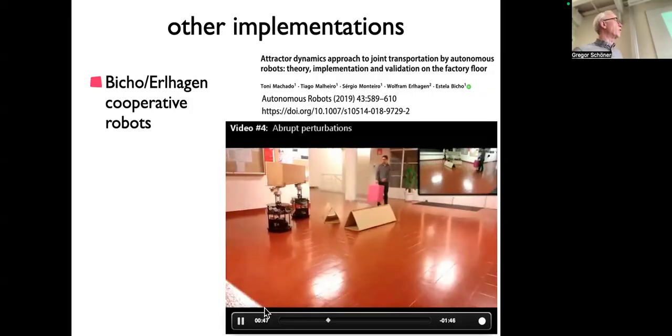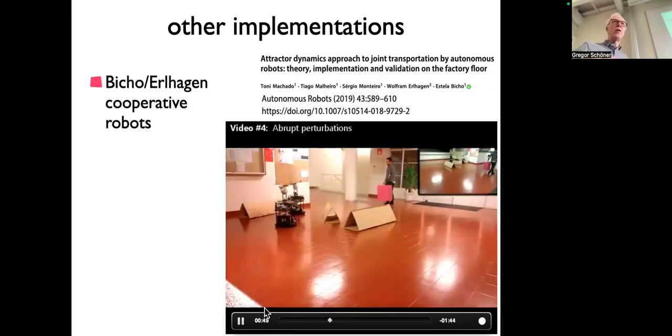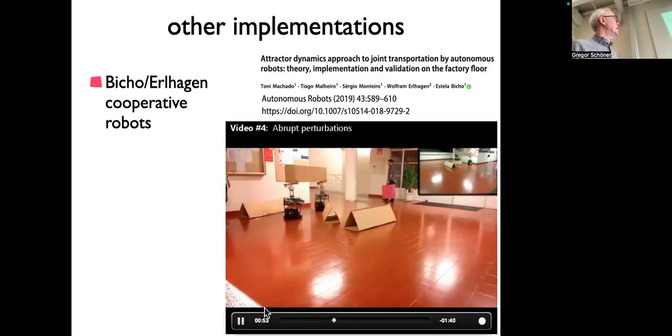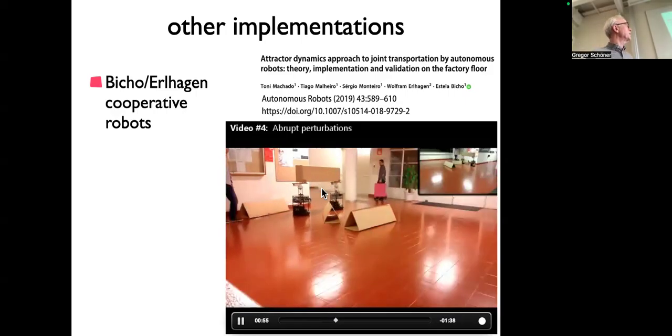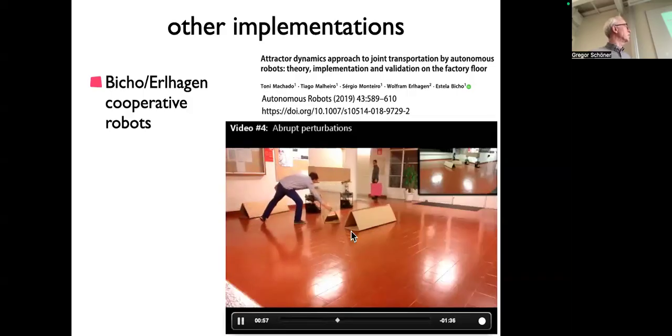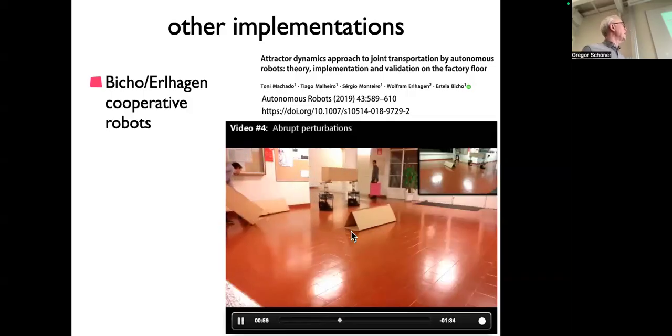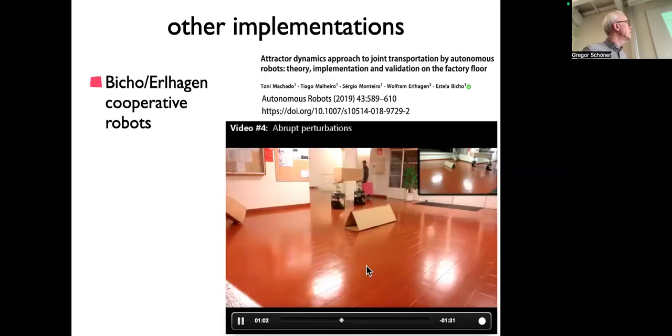It has forces of one following the other, and it has some kind of virtual obstacles to avoid so that the configuration stays intact. And they have a thing to make sure that the object it transports doesn't collide with something. And it's all dynamic. Actually, this is Wolfram Erhagen, I believe. This is someone else, I don't know. Yeah, so this is really the high art of that.